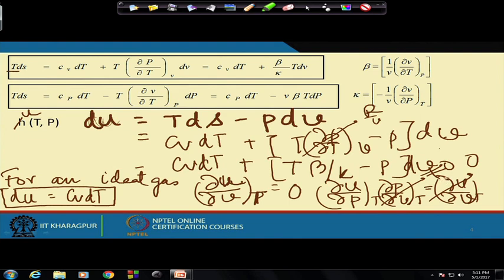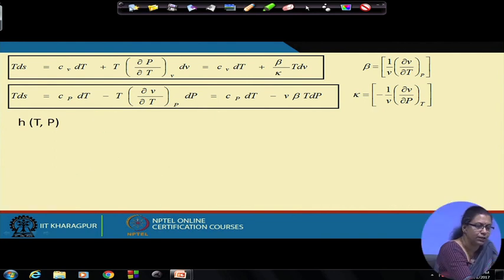So what does it imply? It implies del U del P at constant T will be equal to 0, right. So we have not only deduced dU in terms of Cv dT, but we have also shown that for an ideal gas U is independent of pressure and volume, it is just a function of temperature and nothing else, which is a very well known equation.